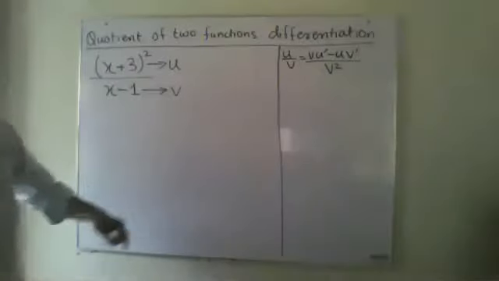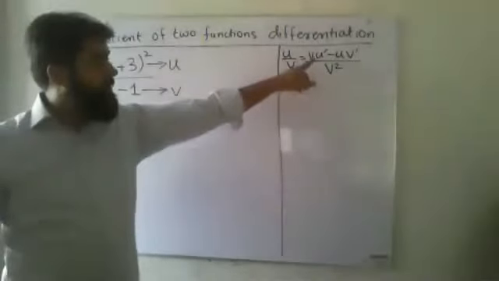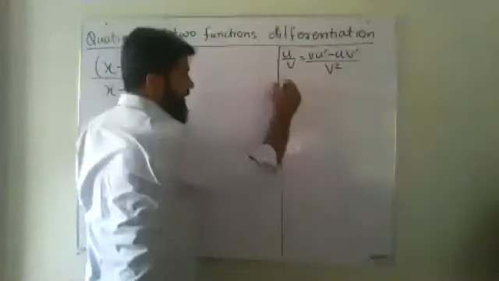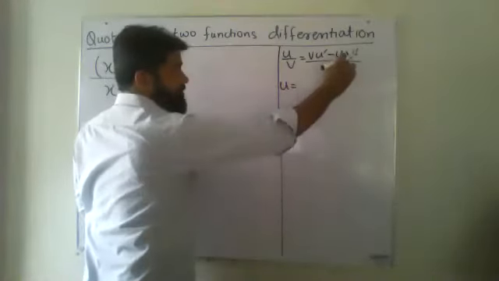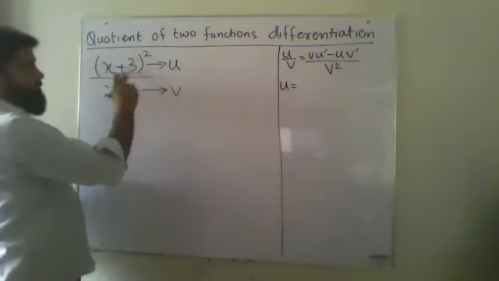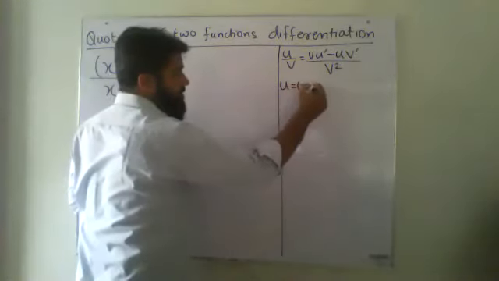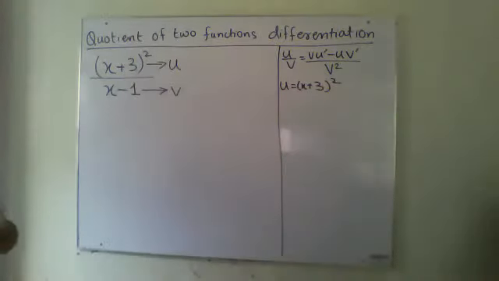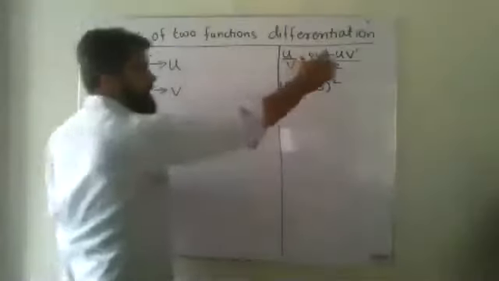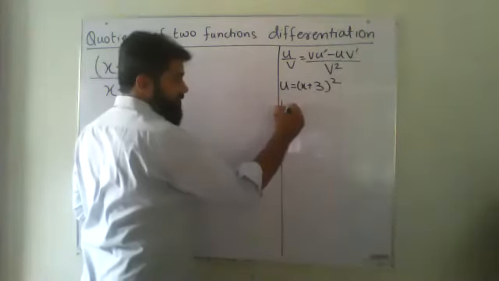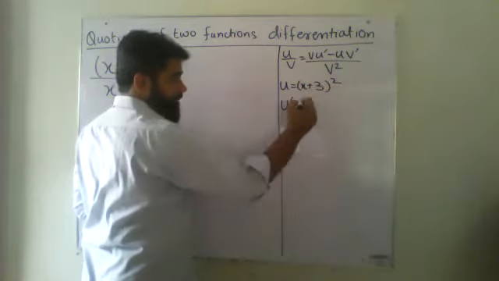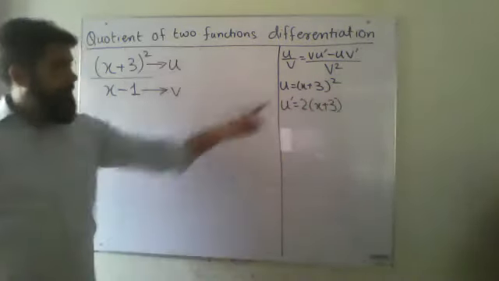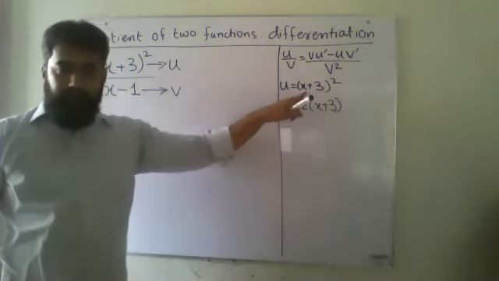What I need over here, first of all, is u and v. So what is my u? x plus 3 whole square. After that, I need u differential. So u differential means 2(x plus 3). First of all, I have reduced the whole power.